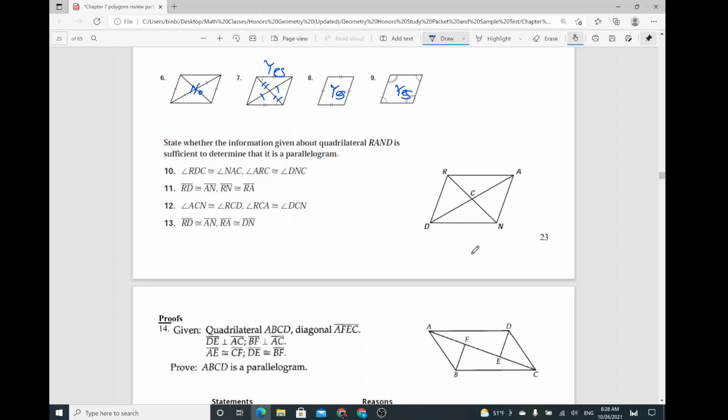Next one: state whether the information given about quadrilateral RAND is sufficient to determine that it's a parallelogram. Okay, angle RDC is congruent to angle NAC, and angle ARC is congruent to angle DNC.